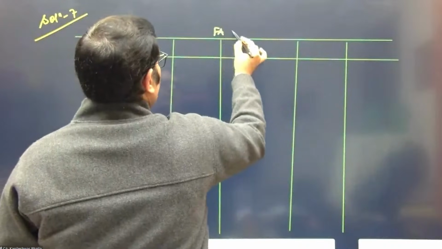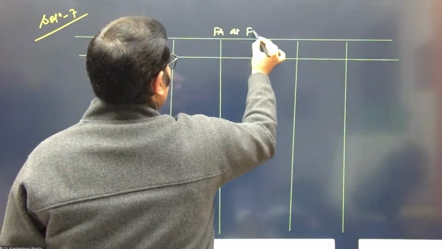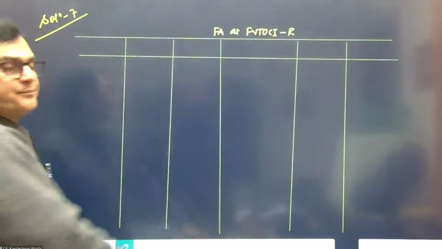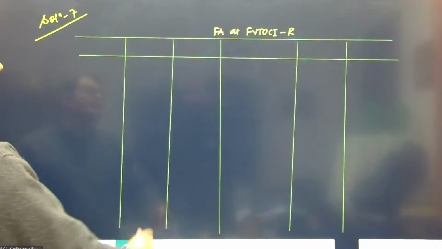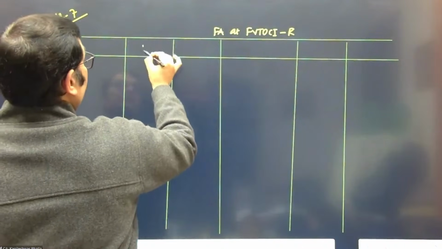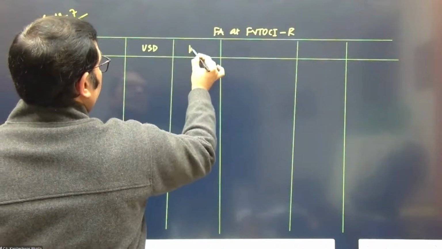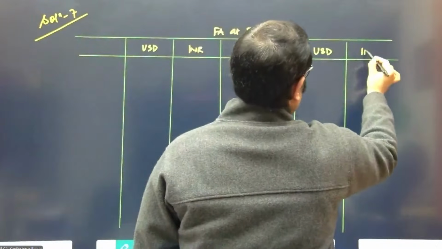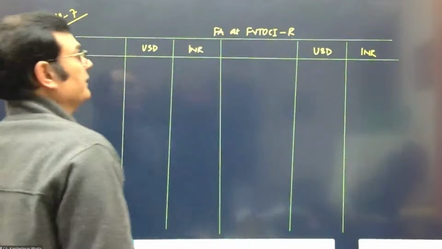So financial assets at FVTOCI, that is R. So let's consider the inputs in terms of the foreign currency, USD, as well as INR.